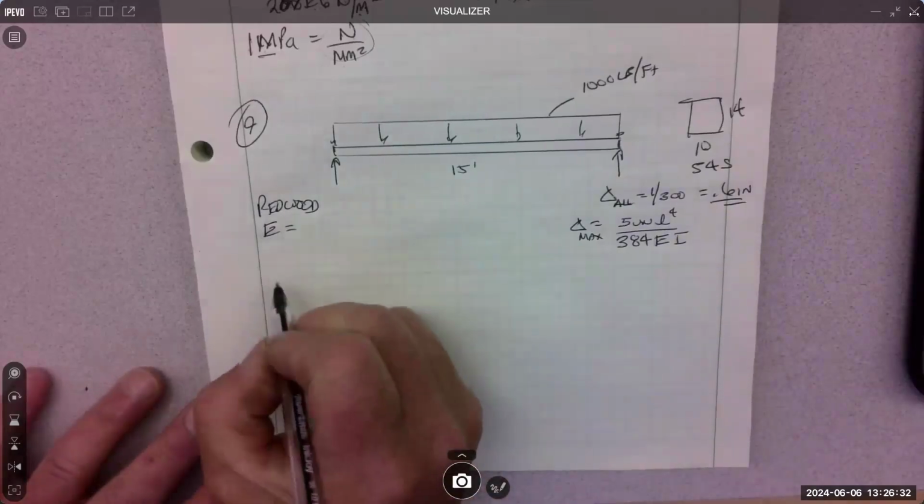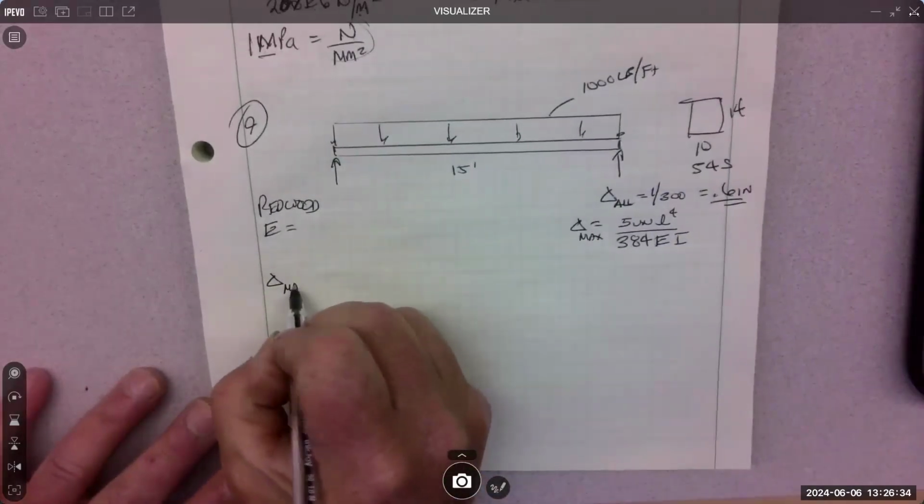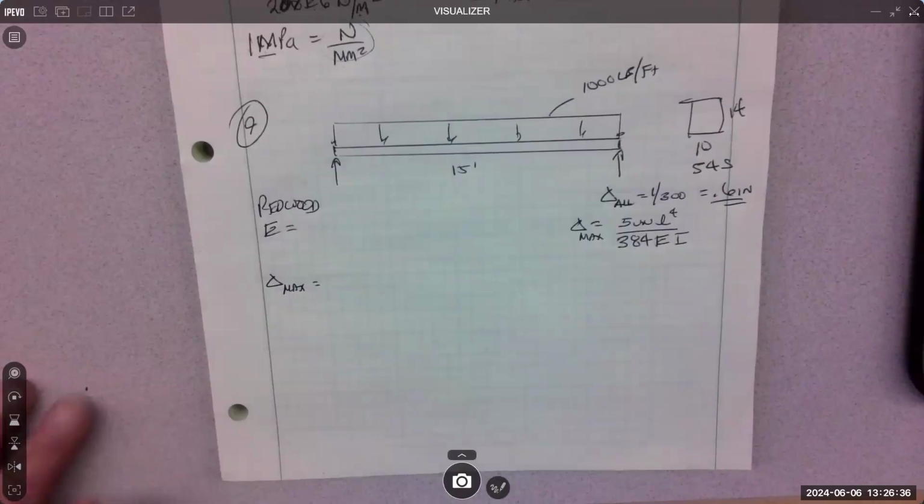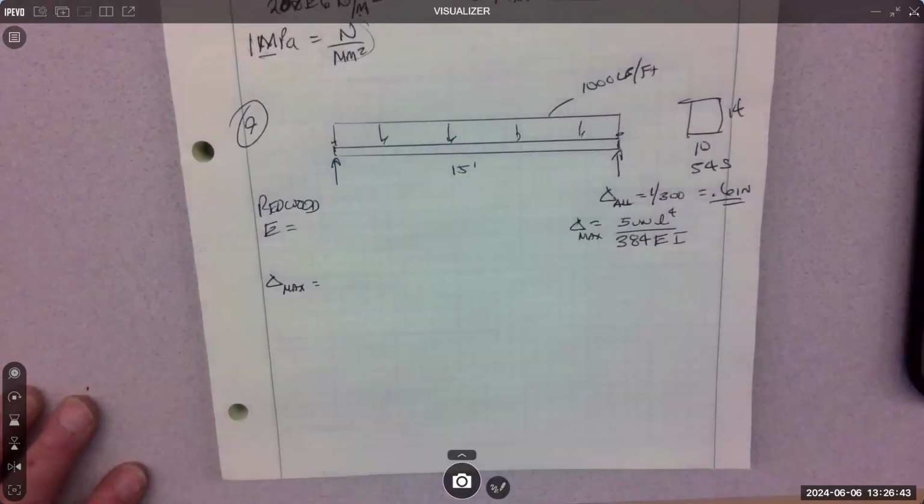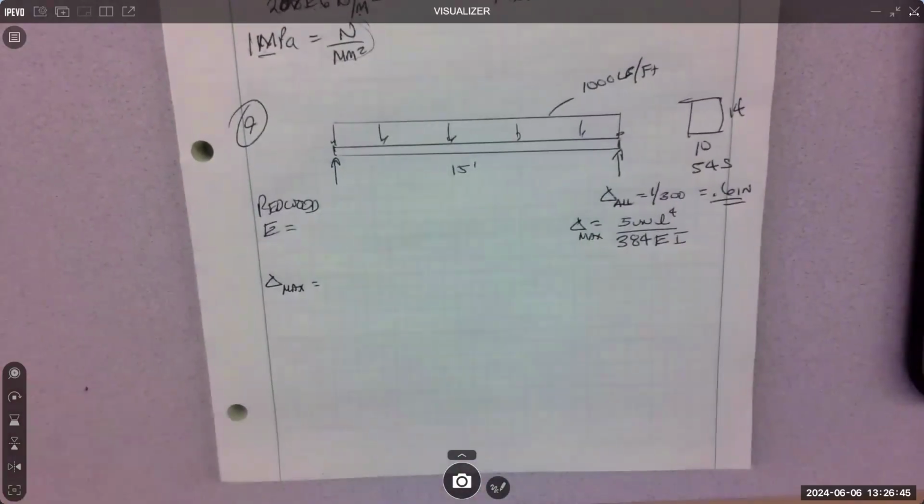Since we have the max deformation, could we switch around the equation and find the max load that it can take?